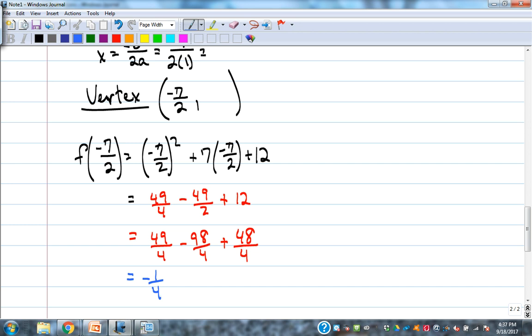Is that right? That'd be negative 49 over 4 minus 98 over 4 would be negative 49 over 4. Negative 49 over 4 plus positive 48 over 4 is -1 over 4. So -1 over 4. So our vertex is at that point.